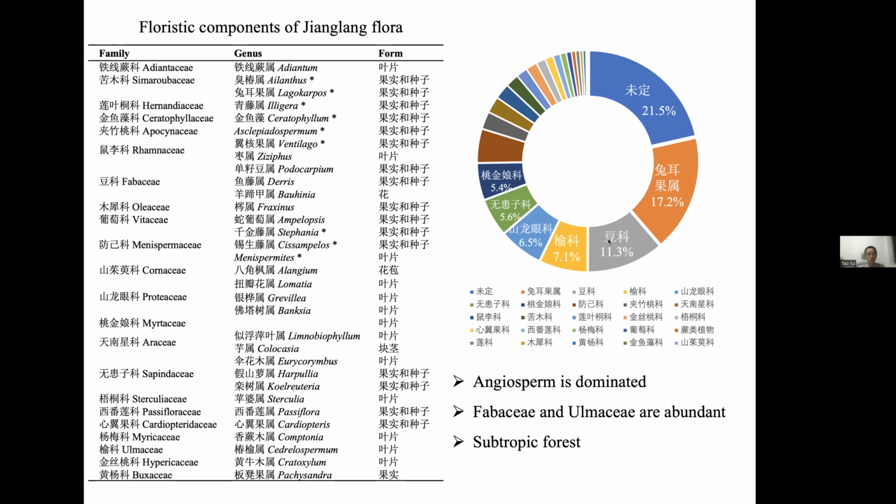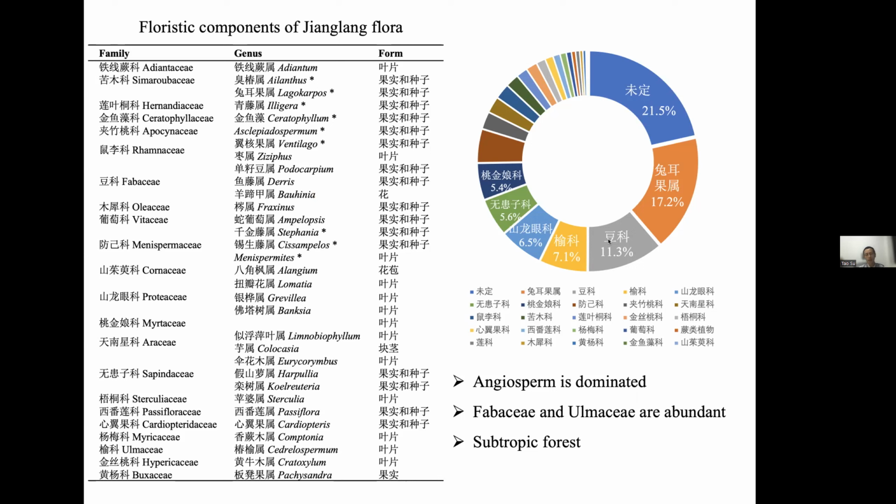Very interestingly, we didn't find any conifers in this flora. Generally, there is no dominant species in this flora, but Fabaceae and Ulmaceae are relatively abundant.